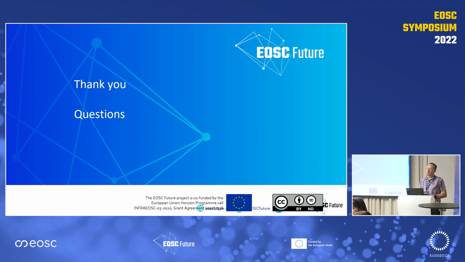Where does the deployment happen? I mean, the infrastructure, is the hardware owned by EOSC as an entity, or is there a provider that provides that? Yeah, there are providers. Those providers are different organisations which are part of the EOSC Future project. So it's not owned by EOSC, it's funded by the EOSC project, and it's delivered by these suppliers.